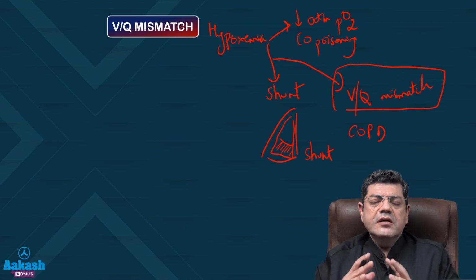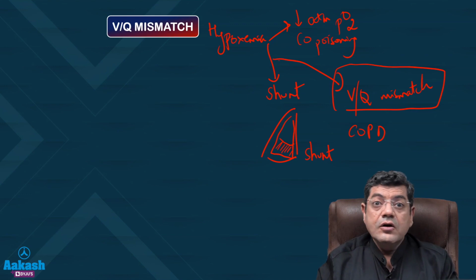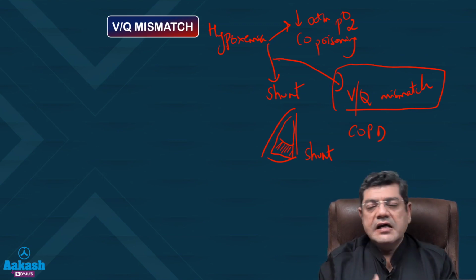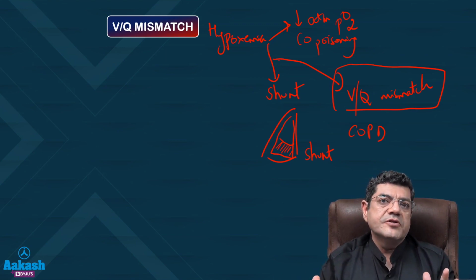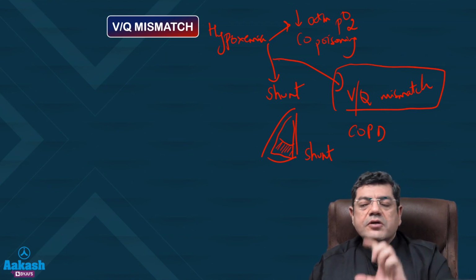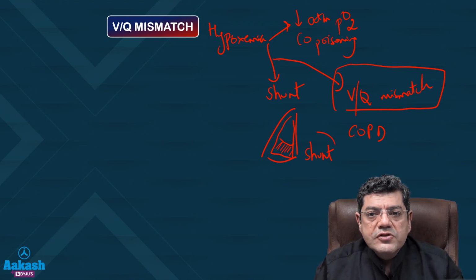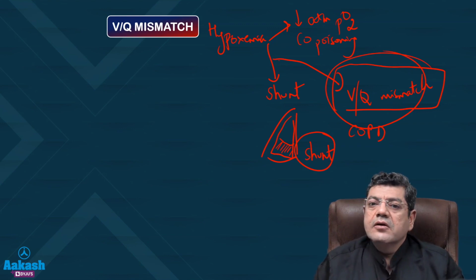So because the pulmonary capillary destruction and the alveolar septal destruction are not uniform throughout the lung. In some places there will be more septal destruction, in other places there will be more capillary destruction. So there is a ventilation perfusion mismatch. Now what's important about this is that how would these two physiologies, these two conditions respond to supplemental oxygen?